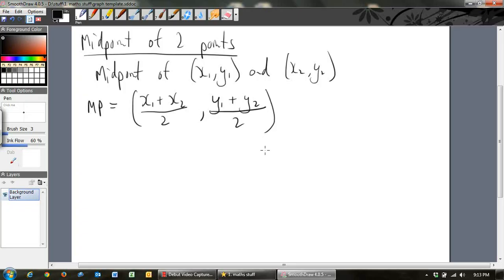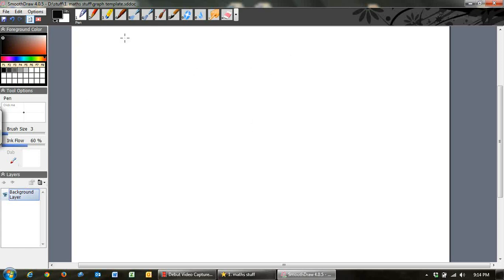And that's it, how simple. So basically it's just the average of your x values, comma, the average of your y values. That's it.